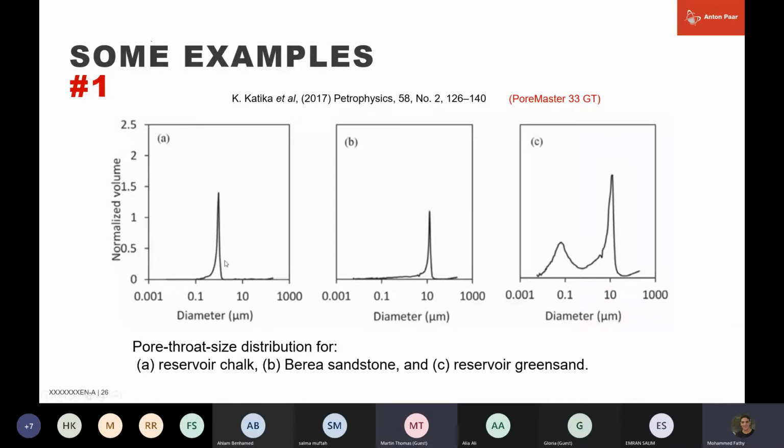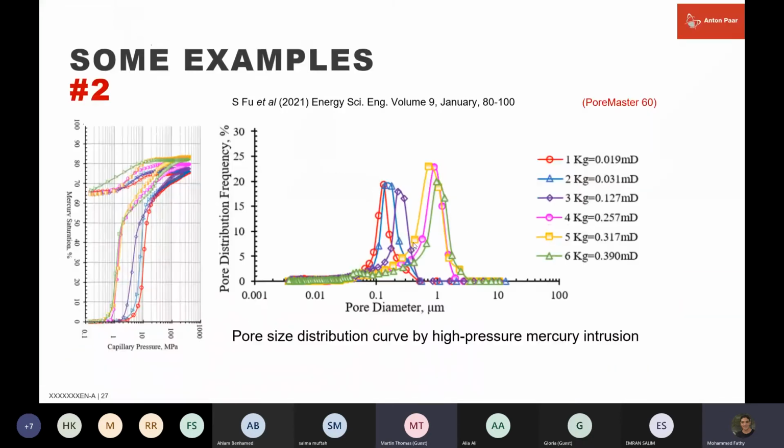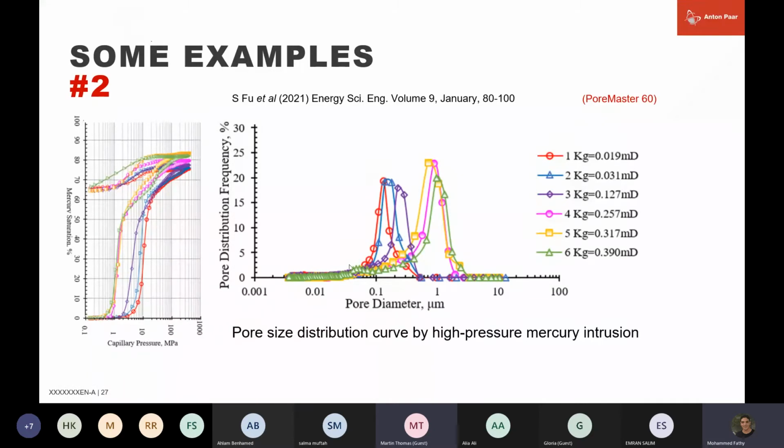So here they've compared and contrasted as part of this data a chalk, a Berea, and a green sand, and obviously very distinctive characteristic pore size distributions for that. A next example here shows on the left here, this is the intrusion extrusion data.